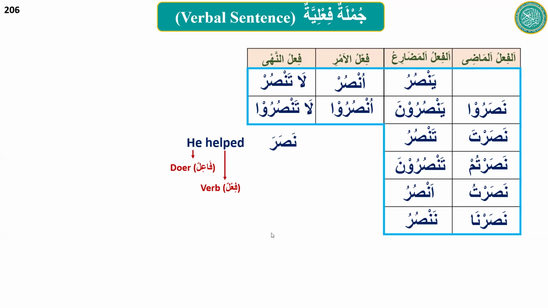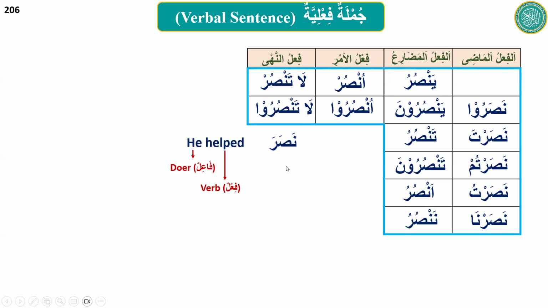The question is, does Nasara, which is a fi'l, have a fa'il in it? Assalamu alaikum. Yes, it is hidden. What is that? Huwa. Huwa Nasara. Huwa is hidden inside it. So the he is not visible. It is inside Nasara.